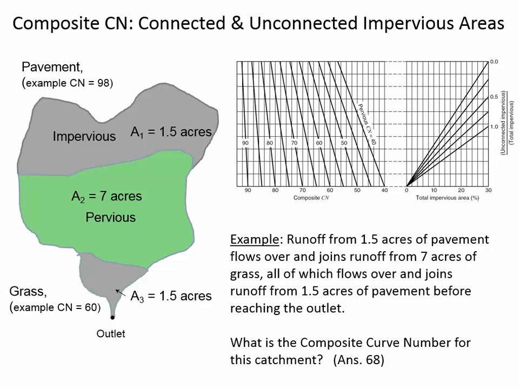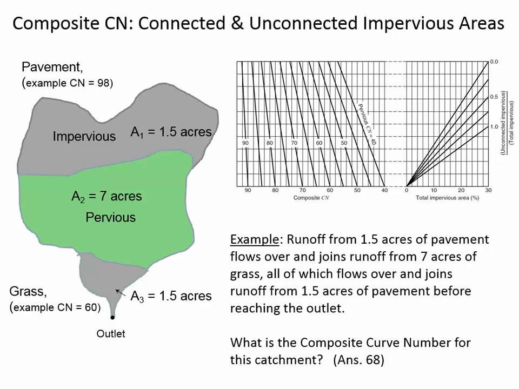It's not going to have that same infiltration opportunity that the A1 area will. So we have some of the impervious area directly connected, some of it unconnected. So that's the scenario. How would this example be different from what we just looked at?